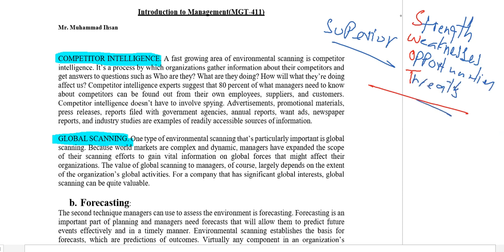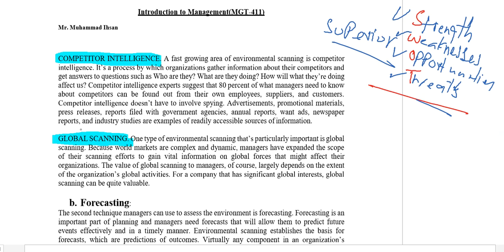So we will see our strength and the strength of the competitors, we will analyze our weakness and the weakness of the competitor. We will see more opportunities in the market for ourselves, and we will also have a look at the opportunities which are grabbed by the competitors, and we will also see what are the threats for us and what activities may threaten our competitors.